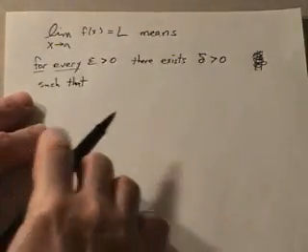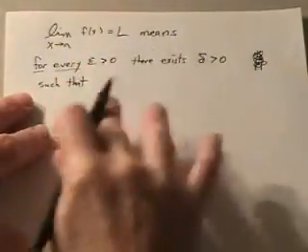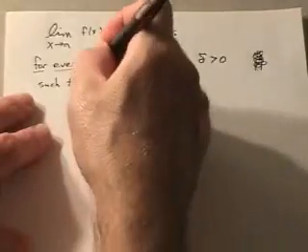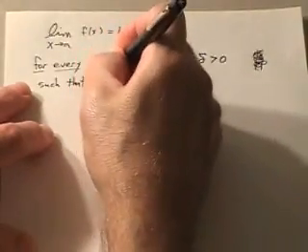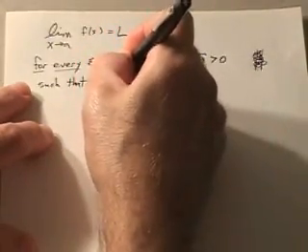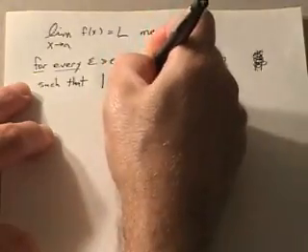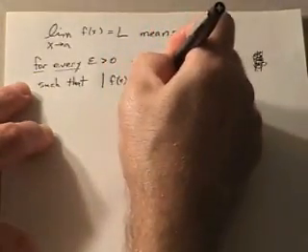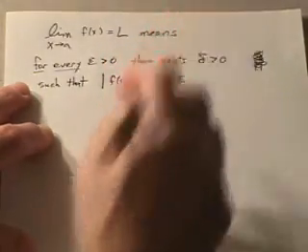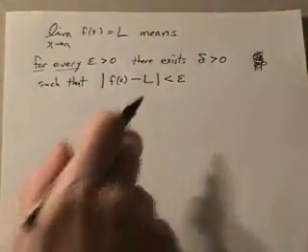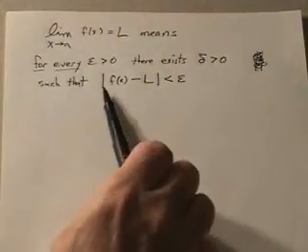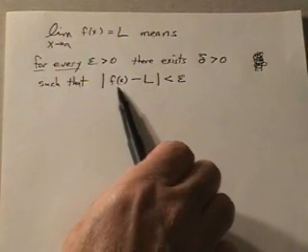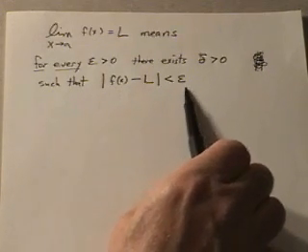I like to write the punchline first. You can write this in a slightly different way, but I like to look at it this way first. I'll say it first in letters, and then I'm going to say it in English. And I'm always going to say this in English, and I want you to also. In letters, this says, obviously, the absolute value of f of x minus L is less than epsilon.